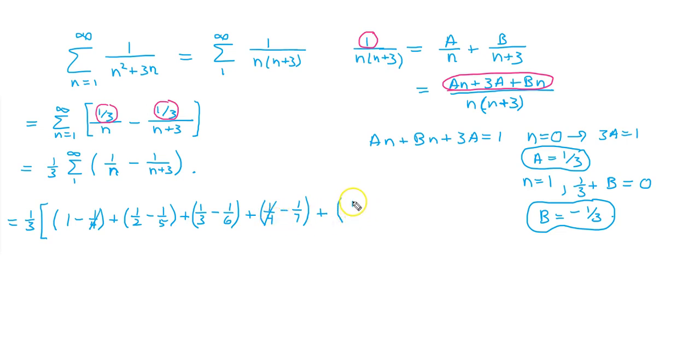So if I put in 5, I get 1/5. And so now you see the 1/5 cancels here. And we'll do one more term when n is 6. When n is 6, 1/6. And we see that this cancels.